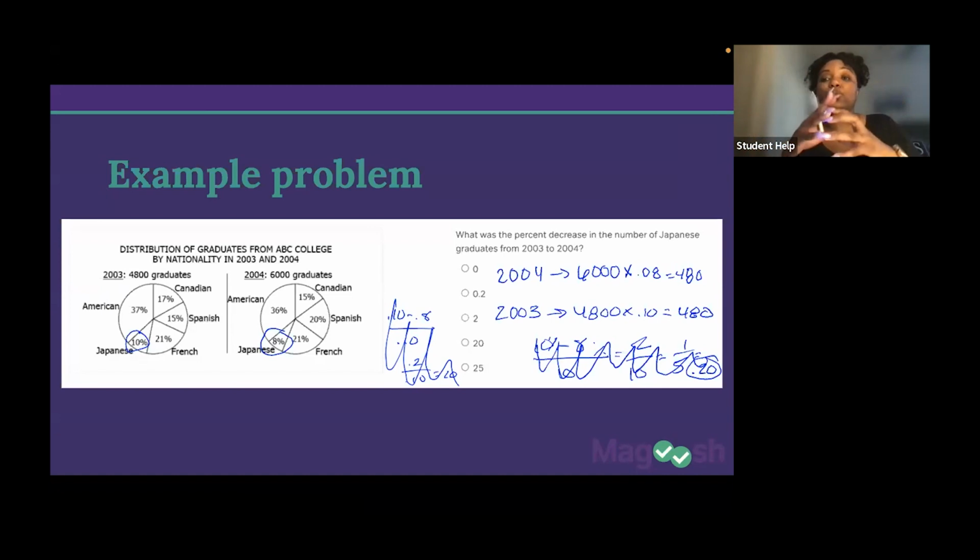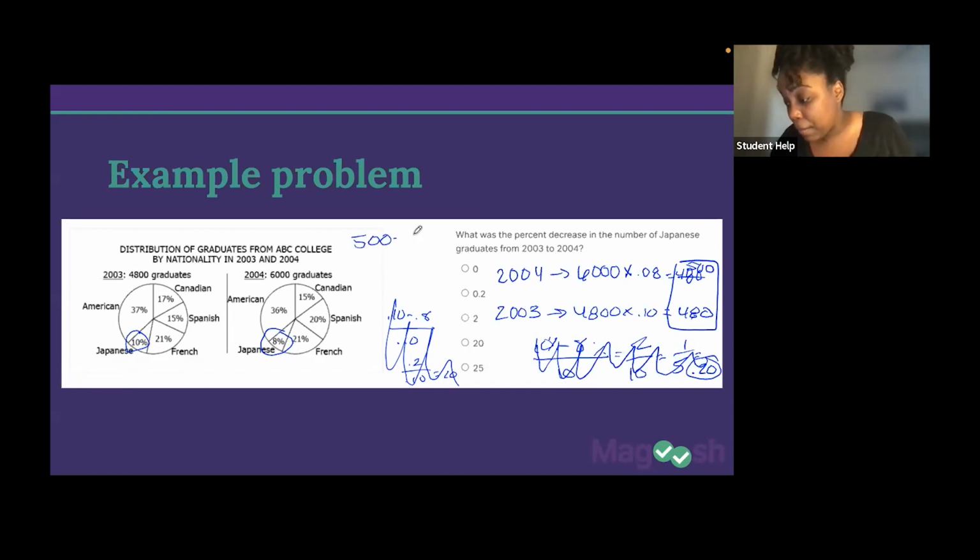But you have to have the actual quantities. So what we could have done, if these were opposite numbers, let's say this was 500 and this was 480, then we could have said 480 minus 500 divided by 500.